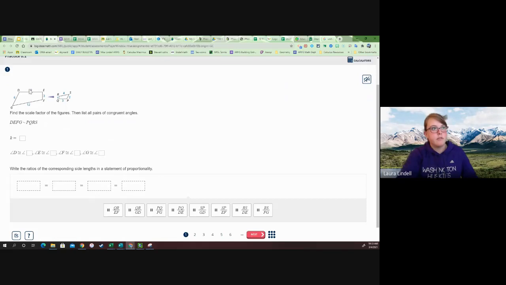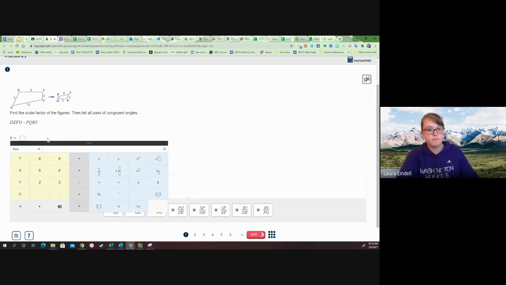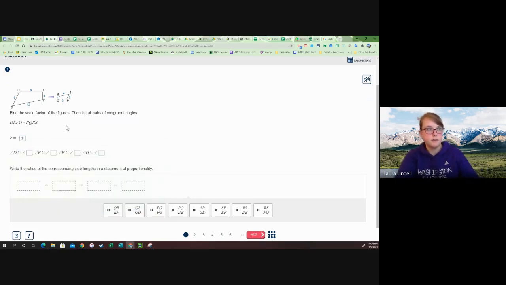So looking from here to here, we know DEFG is similar to PQRS. So the scale factor or the similarity ratio, you might want to take like DE over here. DE is 9 over PQ, which is 3. So 9 over 3, which gives you 3 for your scale factor.